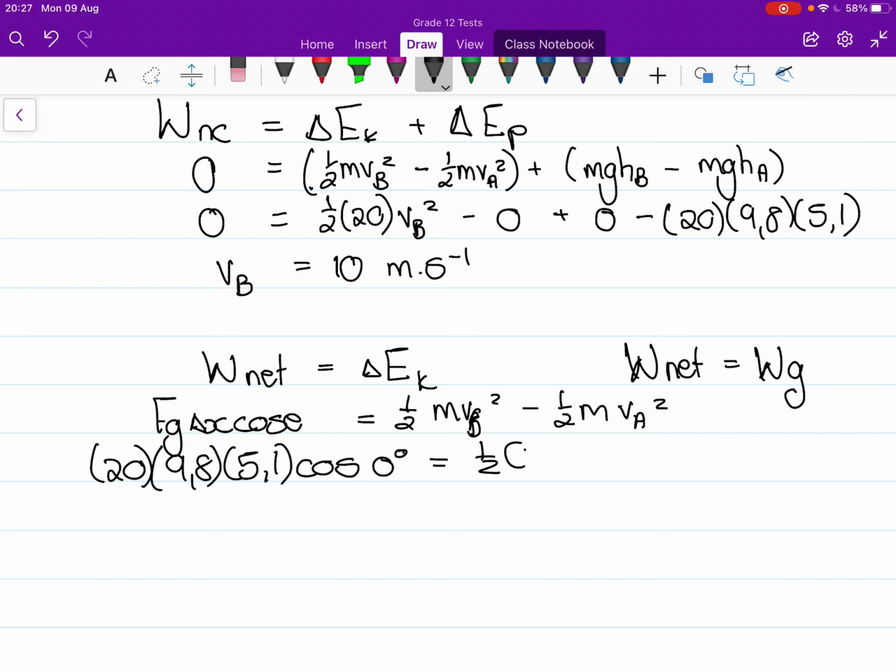So we have a half times 20 times VB squared minus 0, and again you get 9.998, which is essentially 10. This isn't a great way to do it because we don't have friction, but it's perfectly acceptable. It's energy principles.